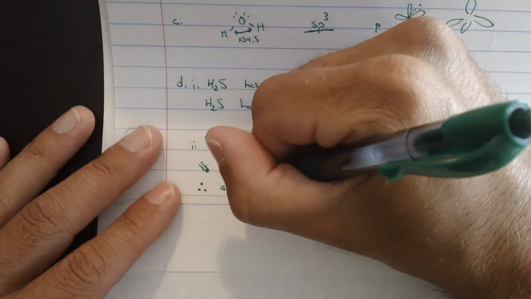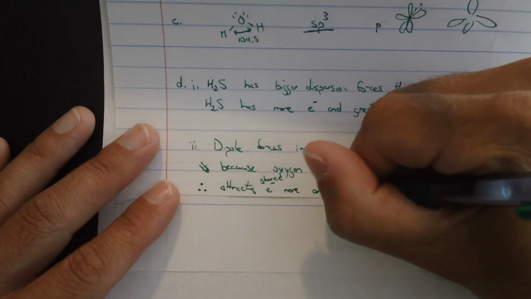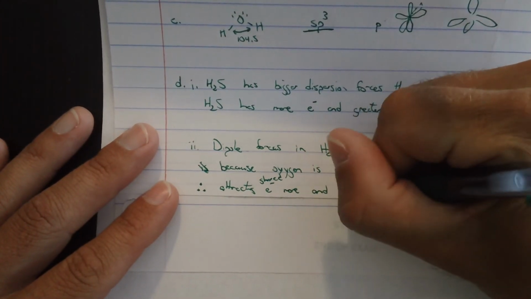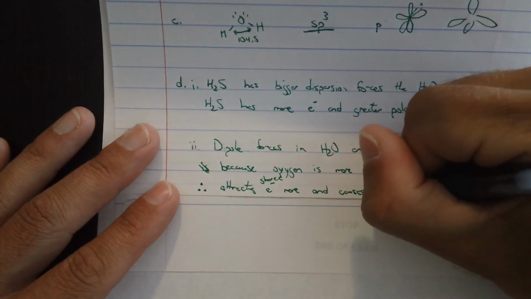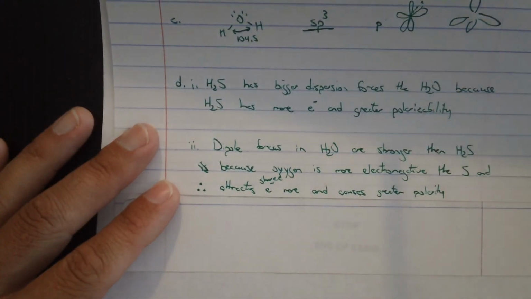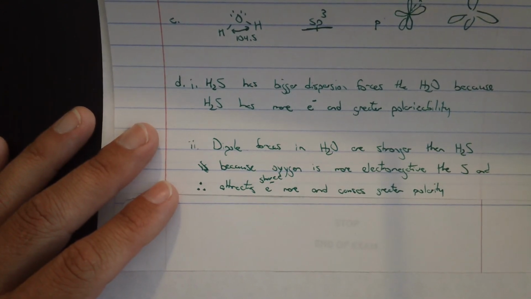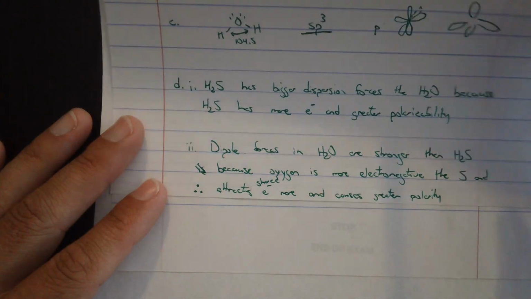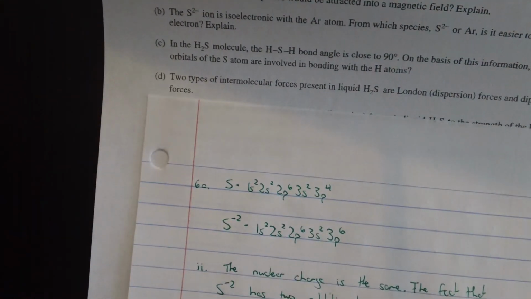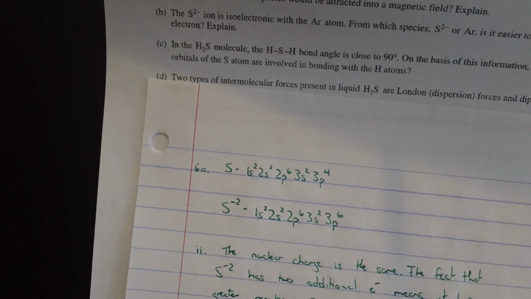Yeah, you probably should put attracts shared electrons more and causes greater polarity. And that's it on D2. That's 2009, number 6. It's not too bad. I think there's a lot of good conceptual stuff in there. You can go back and look over.